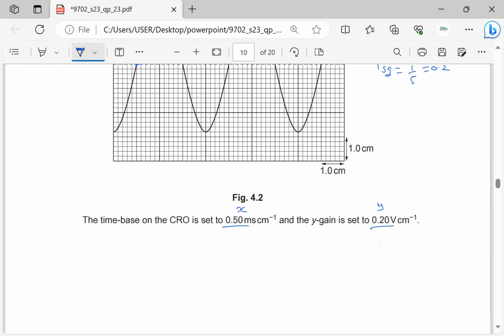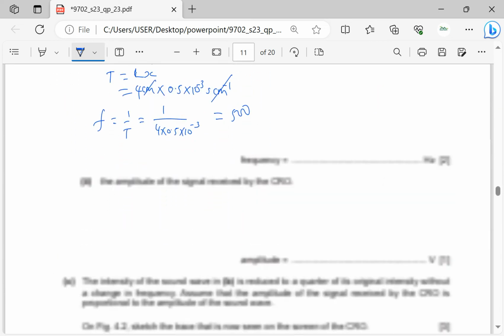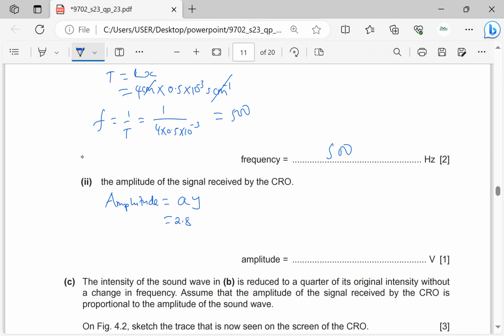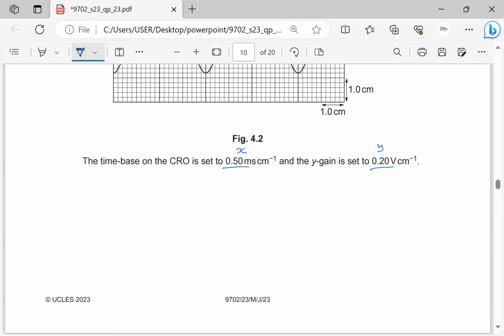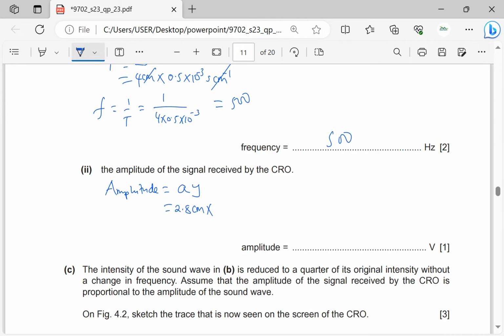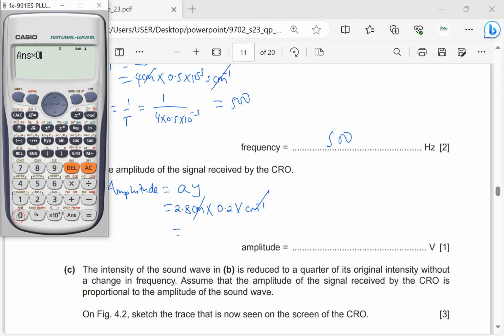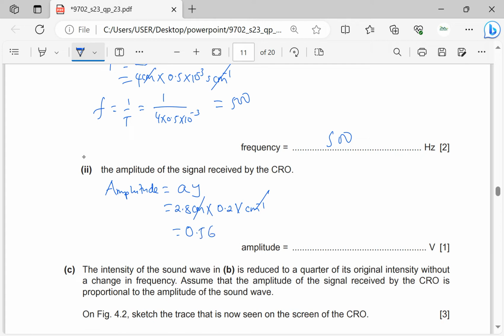So the length representing the amplitude is 2.8 centimeters, times the voltage setting, or the Y gain setting, which is 0.2 volts per centimeter. So this cancels, and that gives us 0.56. So V is 0.56.